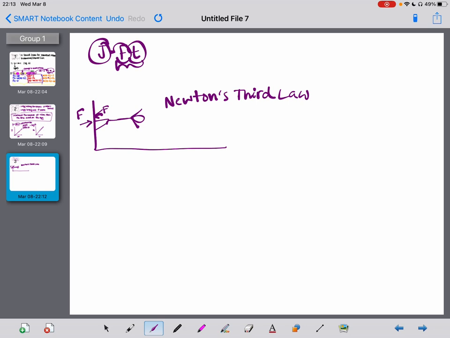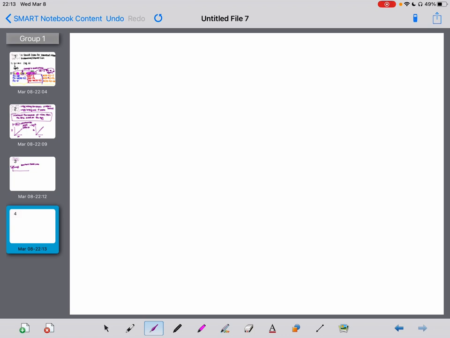And now, finally, we can review our conservation of momentum. So we had elastic collisions, which is where objects bounce off one another.